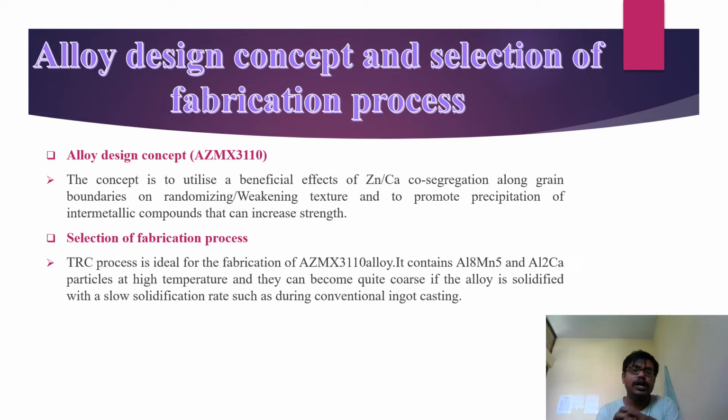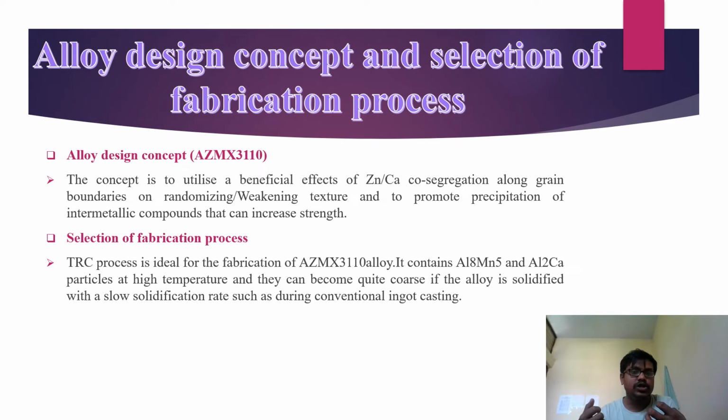Whenever zinc and calcium were segregated along the grain boundaries, it decreased the grain boundary energy. So whenever the recrystallization of the magnesium happens, the grain growth is inhibited. It will not allow the grain to increase in its size.